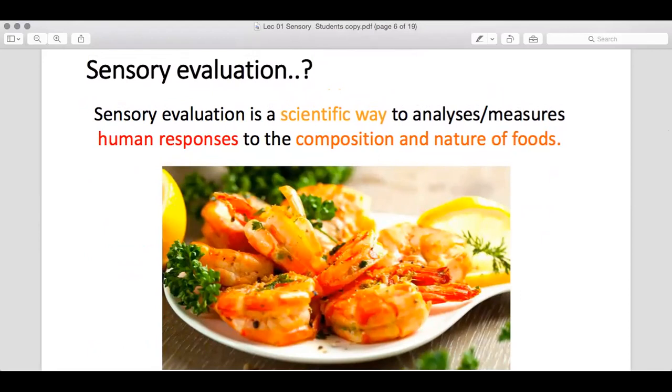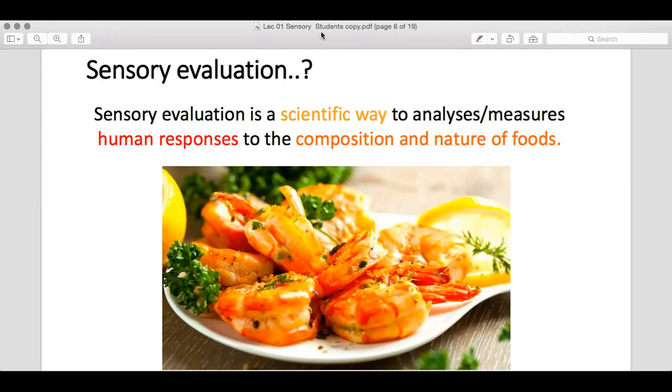How do you feel about this picture? This is a prawn curry. You can determine the color and the texture by analyzing this picture. Sensory evaluation is a scientific way to analyze or measure human responses to the composition of food.